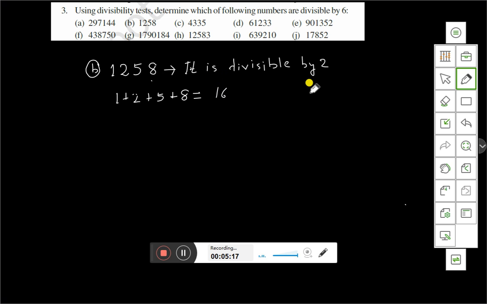Now 16 is not divisible by 3. 3 fives are 15, and 16 minus 15 is 1, the remainder is 1. Therefore, you can say that 1258 is not divisible by 3.